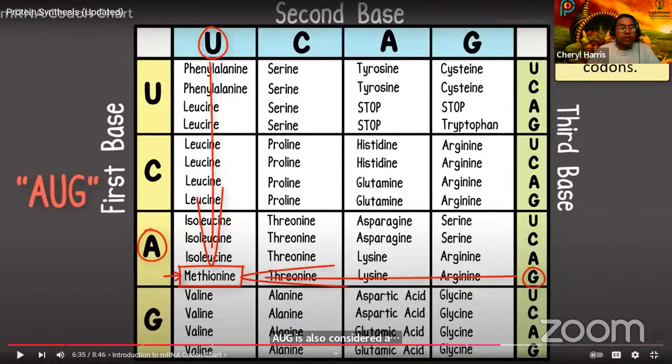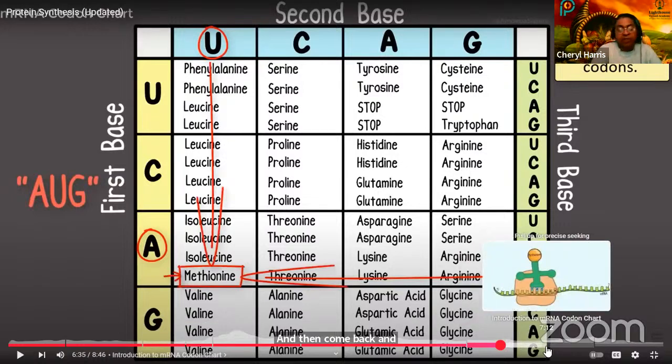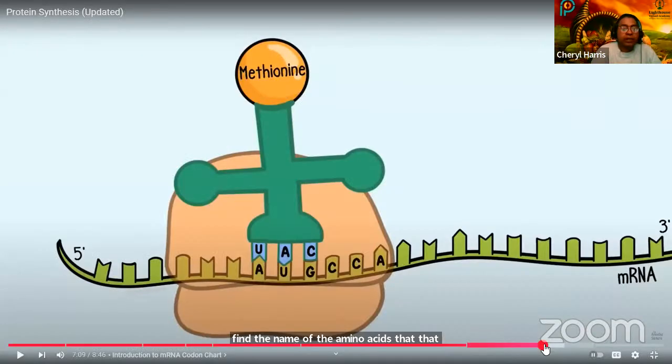So she just outlined how you're supposed to read that, and you read all of the codons this way. Every codon that was given to you on the first part of the worksheet, you had to read it on the chart and then come back and find the name of the amino acid that tRNA is going to bring back.